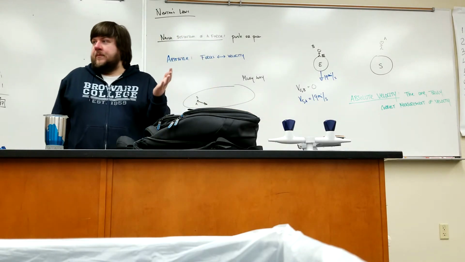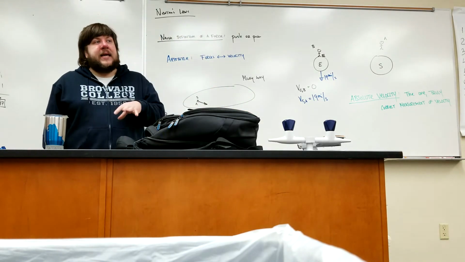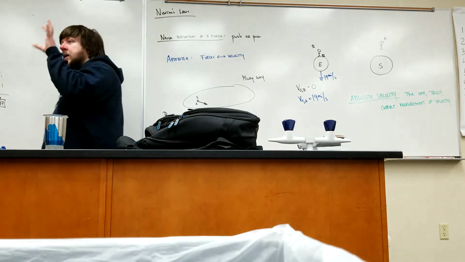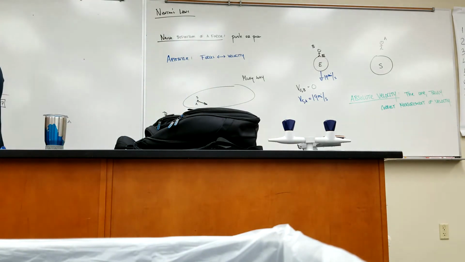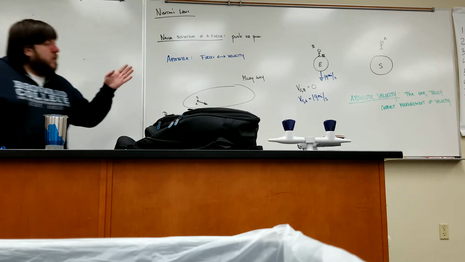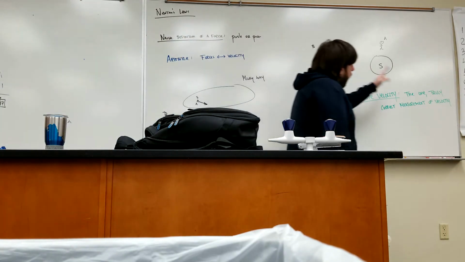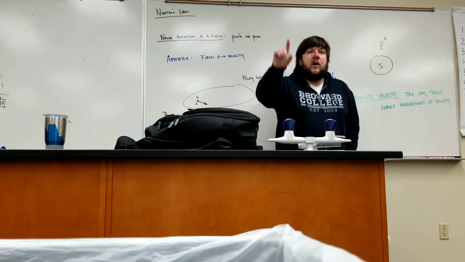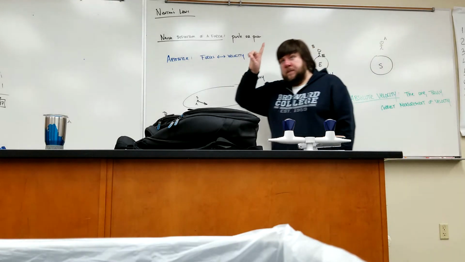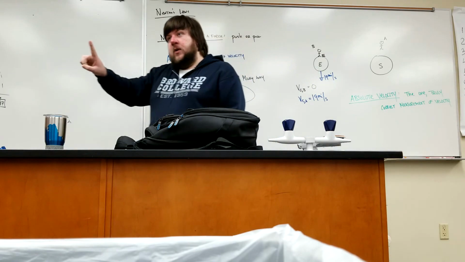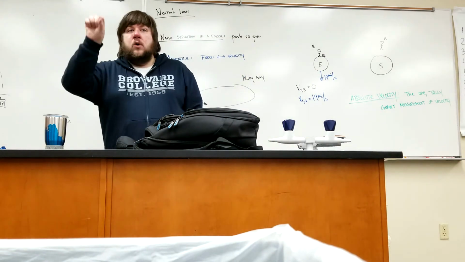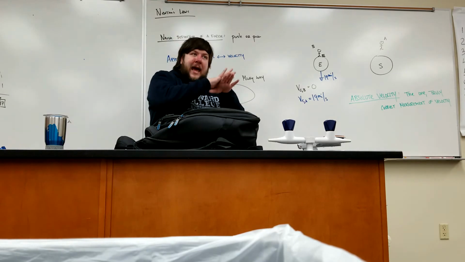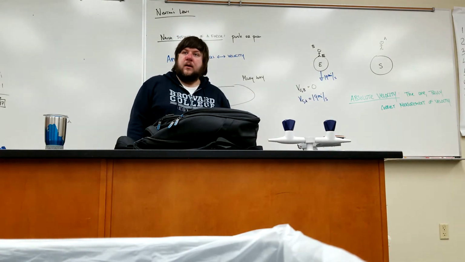It's based on the idea that there is no special observer. If there was such a thing as one truly correct measurement of velocity, then there would be one perfect observer, one special observer, who would measure that one truly correct velocity, and everybody else would be wrong.